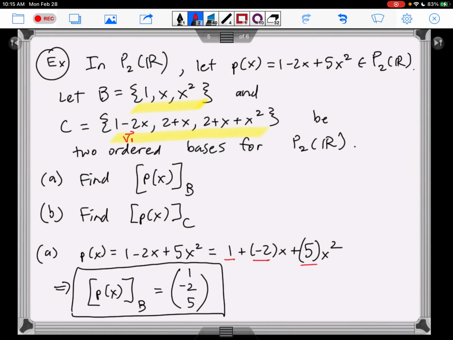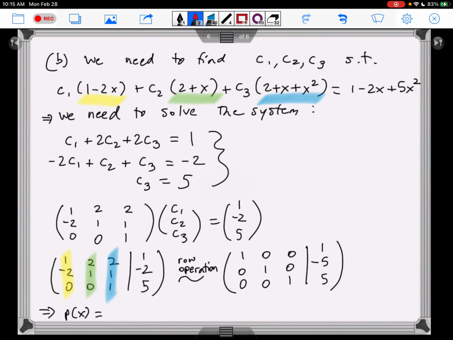If we call this guy V1, and we call this guy V2, and we call this guy V3, what that means is that P of x is actually equal to 1 times V1 minus 5 times V2 plus 5 times V3. That's the unique way to write it. So this means that P of x relative to our basis, we called it C, is just 1, negative 5, 5.